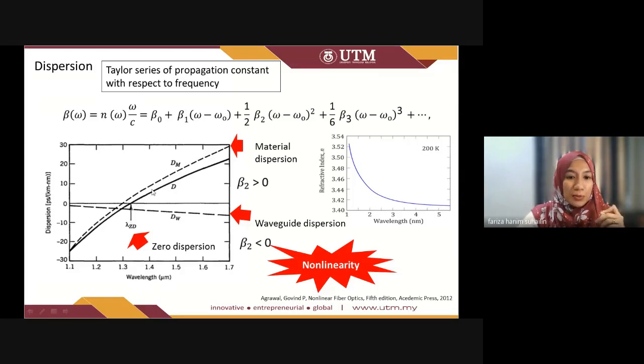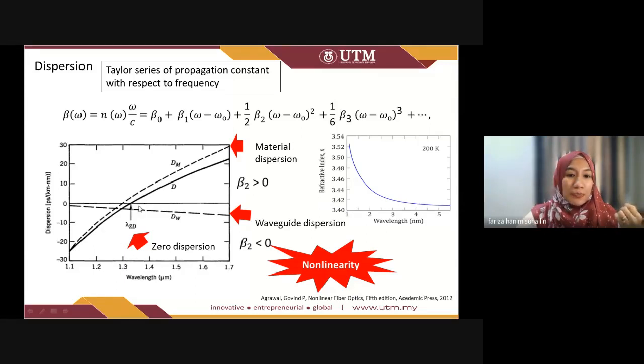So for silica optical fibers, the zero dispersion wavelength is around 1.32 micron. Below the zero dispersion wavelength, you have the anomalous dispersion regime, which is a regime where all these nonlinear people like to work, because if you can balance the dispersion and the nonlinearity, you can have solitonic pulse propagation inside the core of optical fibers.